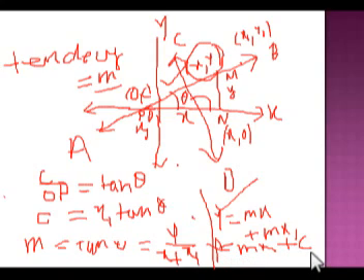C is the cut point or intersect point of any straight line which intersects the y-axis, and c is the distance from the straight line on y-axis from the origin. So this is the general form of any equation if it intersects y-axis. If it does not happen, take another example.